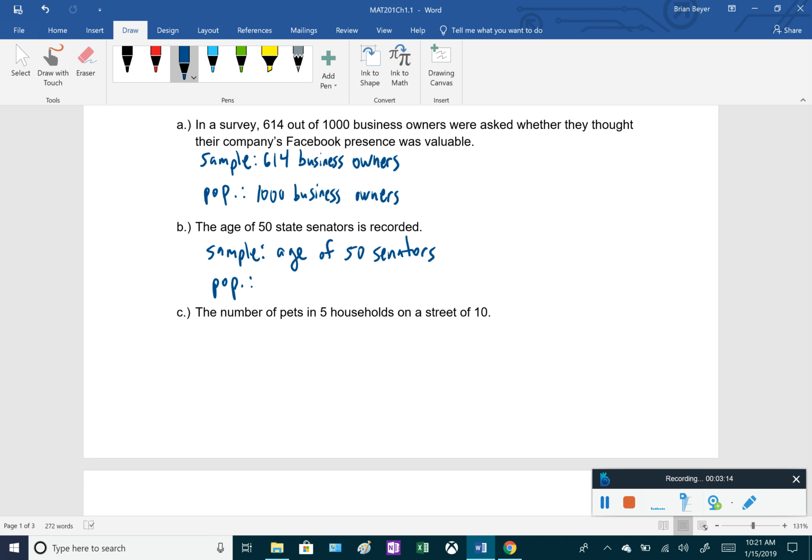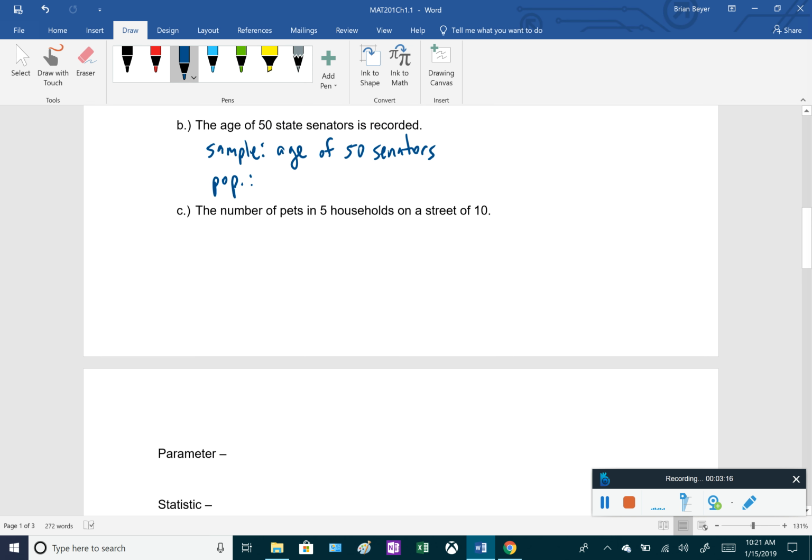And the population is going to be all outcomes of interest. So it's going to be all senators of interest. This is going to be the age of all the senators. And there are 100 state senators.